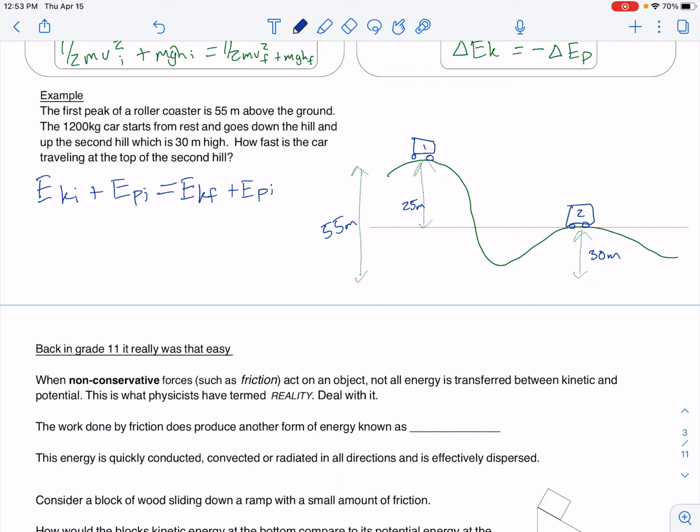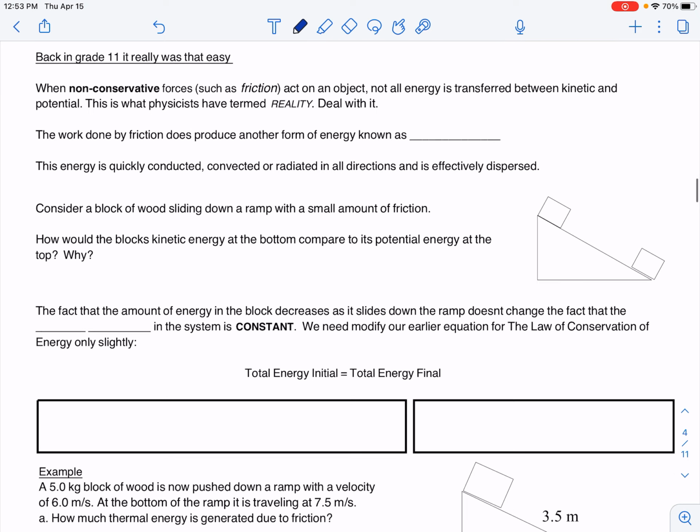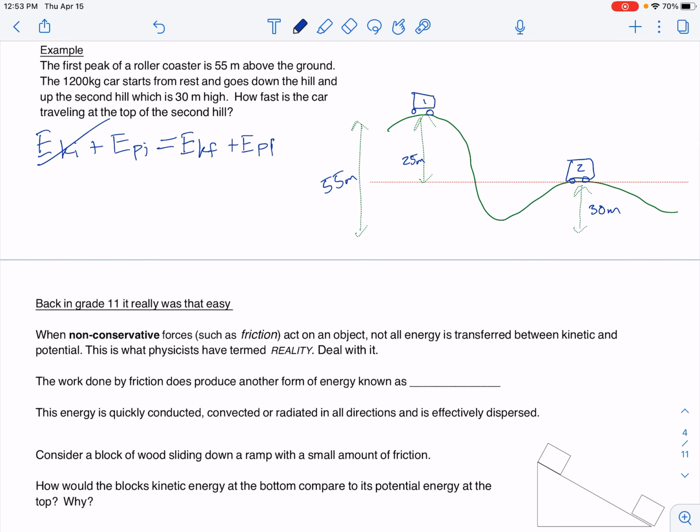So at the very beginning of the roller coaster, there is no kinetic energy. And at the end, if we consider the red line to be a height of zero, then at the second hill it has no potential energy.